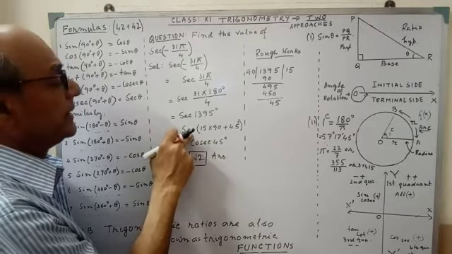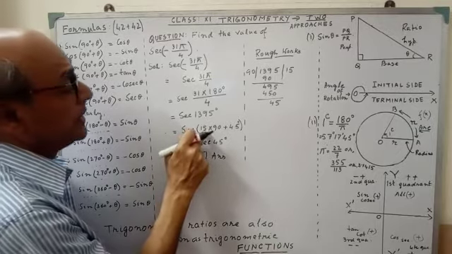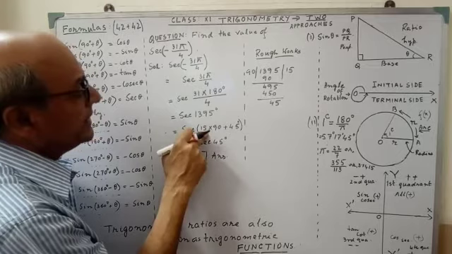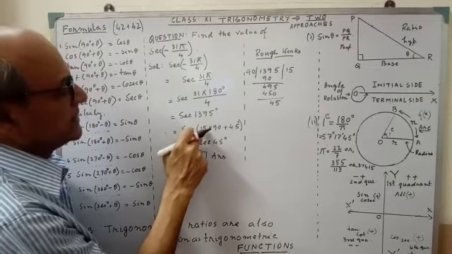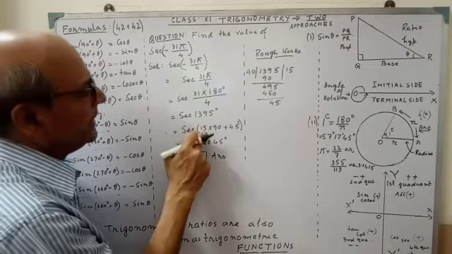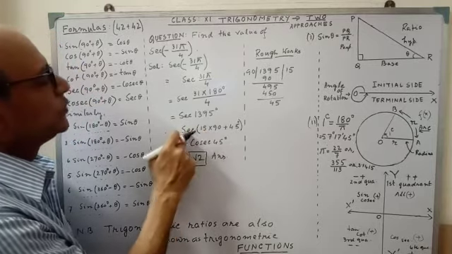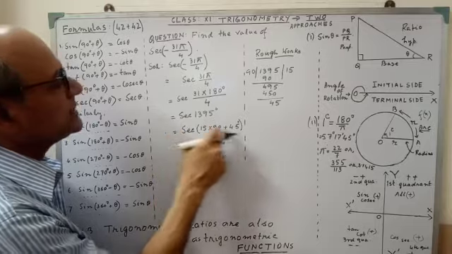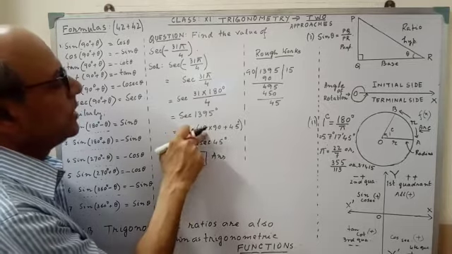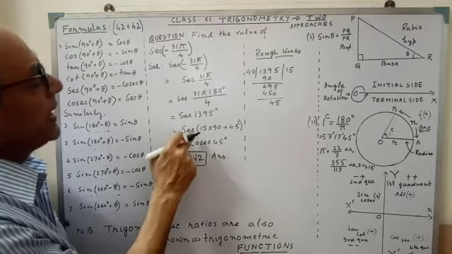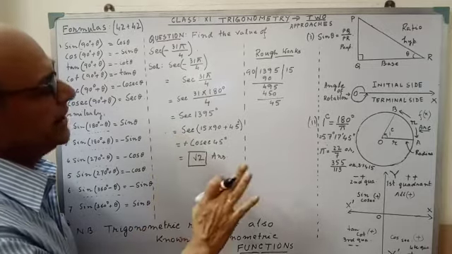So in this part you have to notice what number is coming. Is it odd or even? In case of even, it will remain the same, sec theta stays sec theta. In case of odd, the ratio will be changed. When and how the ratio will be changed, that is clear.